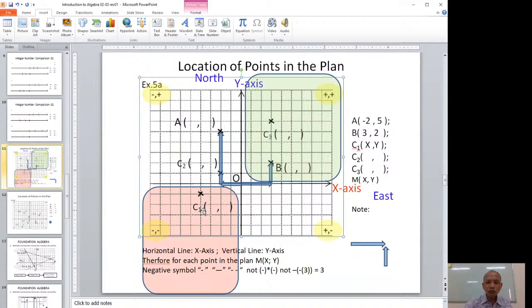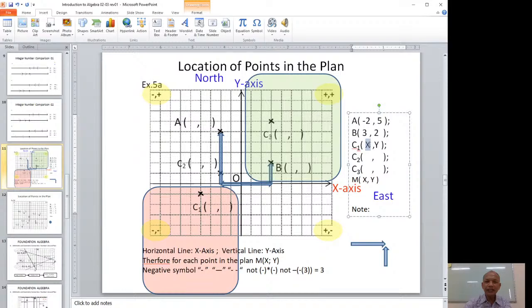If we come to C1 here, we have to go left and down. To the right, to the east, is plus; to the north, plus; and south and west are minus. C1 is in the west and south region, so it is negative, both x and y.